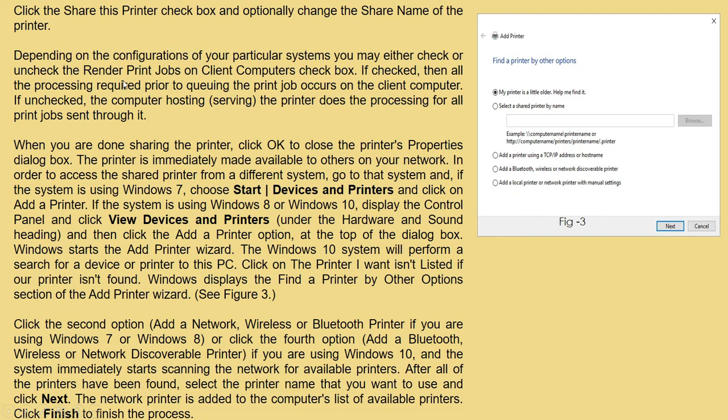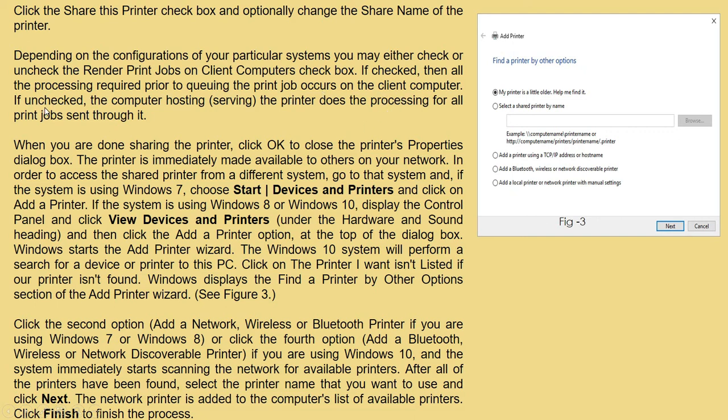Now, depending on the configuration of your particular system, you may either check or uncheck the Render print jobs on client computers checkbox. If checked, then all the processing required prior to queuing the print job occurs on the client computers.